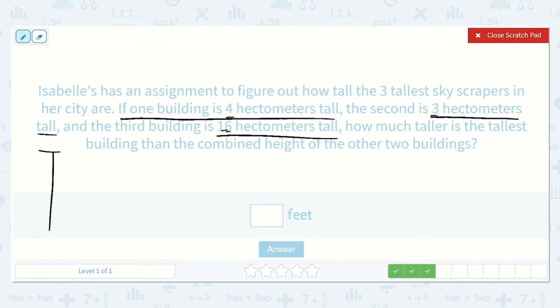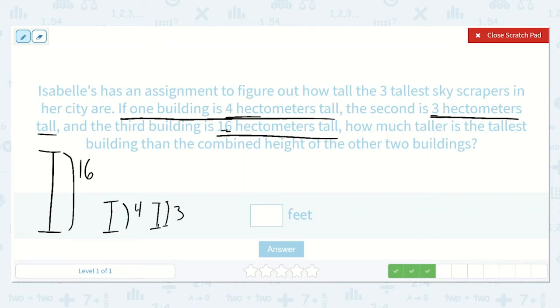So let's draw this one, which is 16 hectometers. Okay, and then we know that one of the buildings is 4. And one of the buildings is 3.